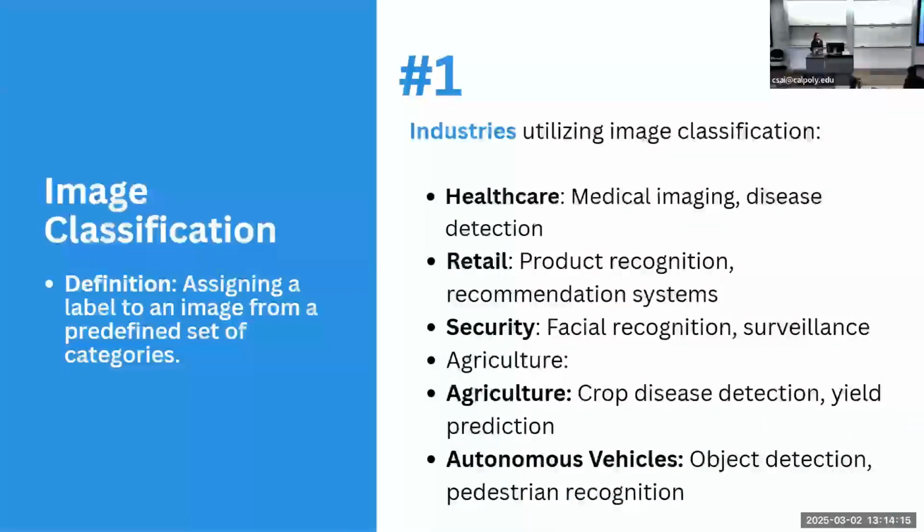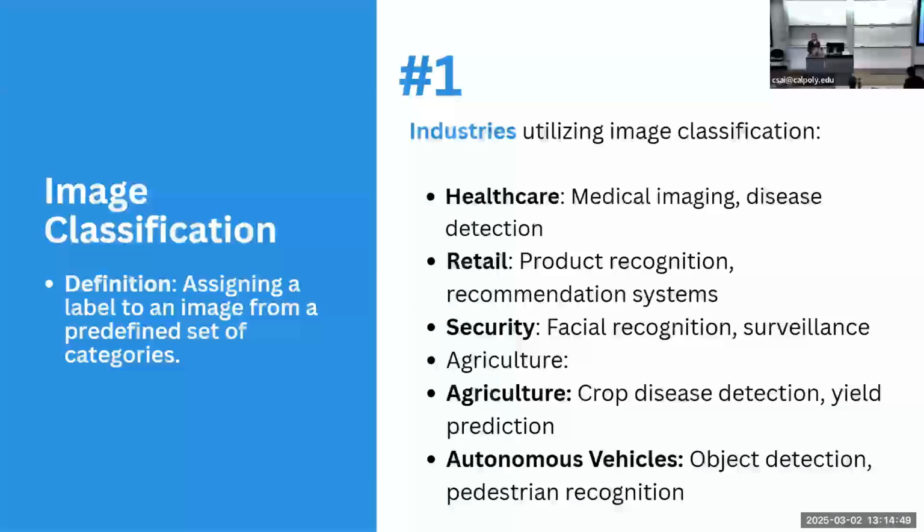Here are some other industries that utilize image classification. Healthcare uses it to scan CT scans nowadays, and patient lab reports, to help even with nursing situations. In retail, it enhances shopping experiences by recognizing products and personalizing recommendations.